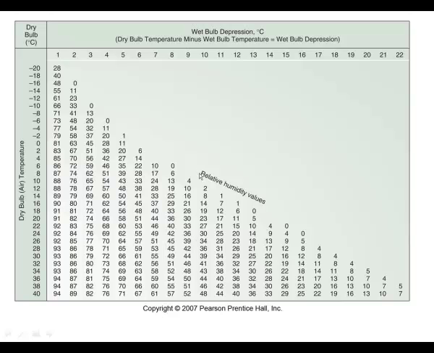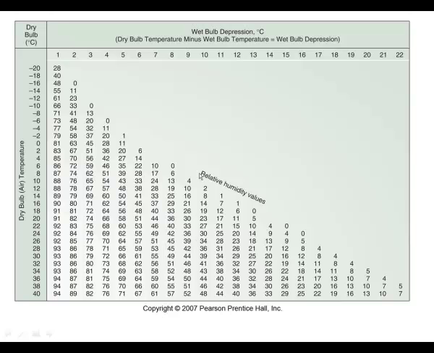So this would be our dry bulb. This is our wet bulb. So the difference is 7? All right, let's see how we can use this table. Do you see where the drier the air, the more the evaporation. The more the evaporation, the cooler the one with the sock is going to be.